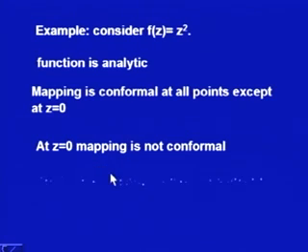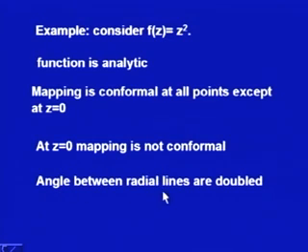In fact, at z is equal to 0, when we draw two radial lines, the angle between them is doubled. This we have already seen in an example. So, this function f(z) is equal to z square, being analytic, is conformal except at z is equal to 0.